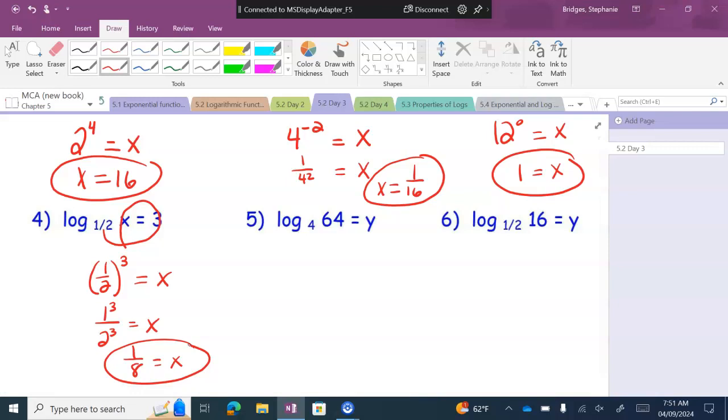Now, do you notice in 5 and 6 my variable moves? It's not my argument anymore. So these are going to be very similar to what we did yesterday. But again, the very first step we want to do is to take it to exponential. So take that log, put it in exponential form, and we're going to talk about what to do in this case.